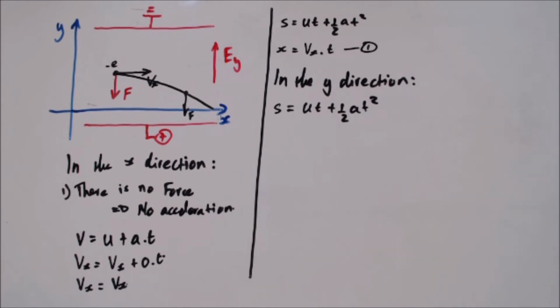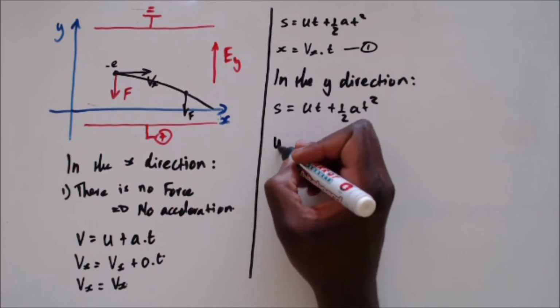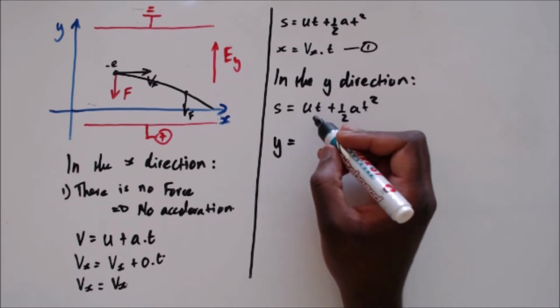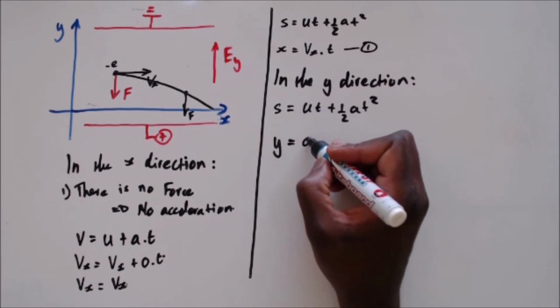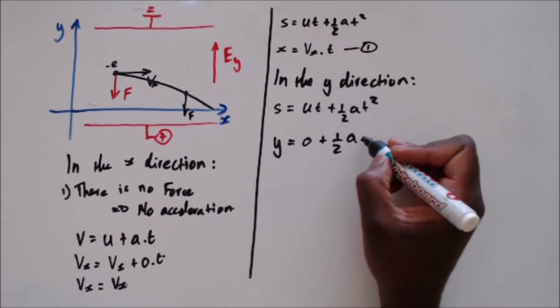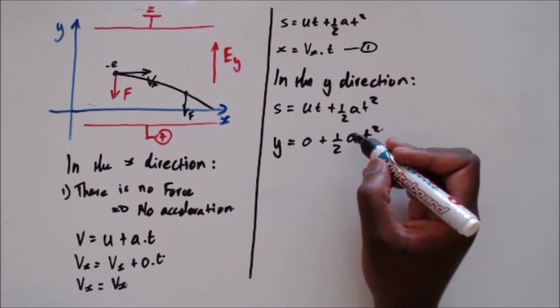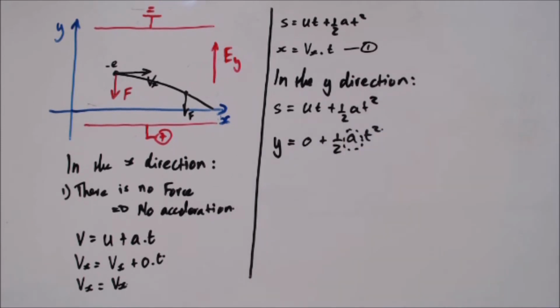And let's apply that equation to that y direction. In that case, our S becomes y, and that's equal to our initial velocity in the y direction, which is 0, plus 1/2 our acceleration in the y direction multiplied by t squared. Now what we'd like to do is get an expression for that acceleration in the y direction, that a.